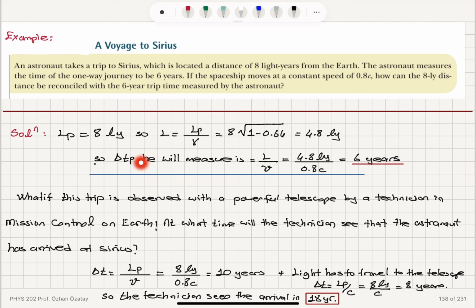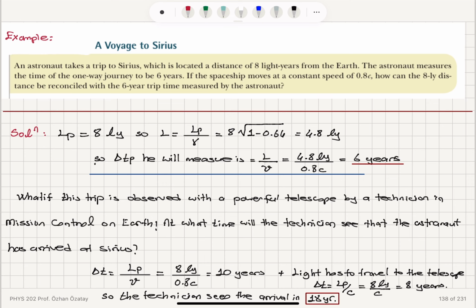The proper time interval is measured by the astronaut because the end point and start point are within the ship, so we have the same point in space. Therefore, we measure the length measured by the astronaut divided by the speed, 6 years. So this explains how we have a 6-year trip time measured by the astronaut.